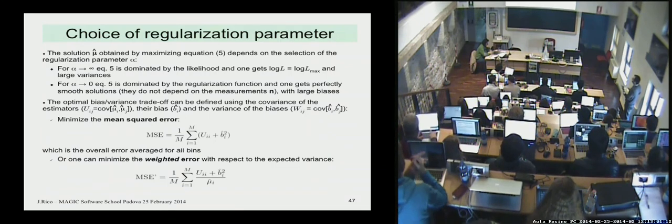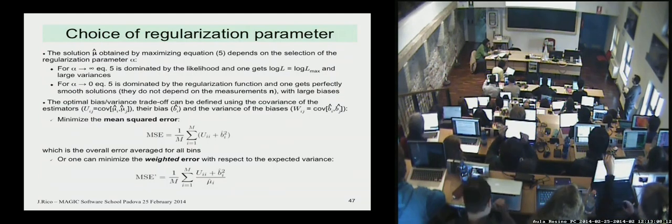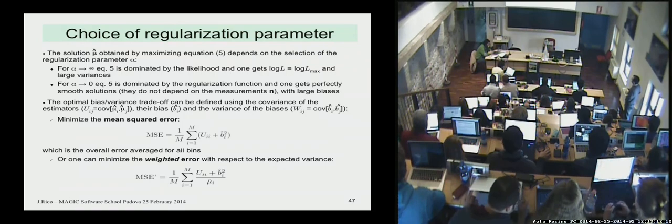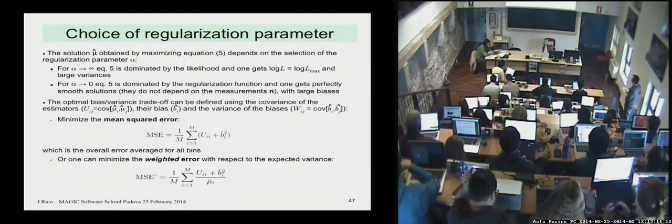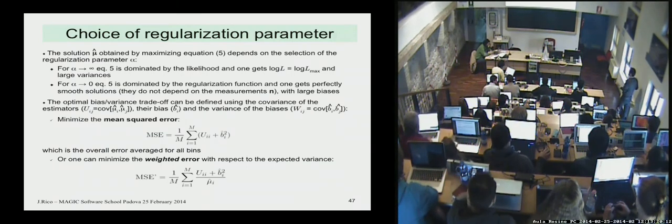So this mean squared error, that is the sum of the variance and the bias, should be the minimum when you sum over all the bins. You can do the same, but weighting it. You see here is the same quantity, but you weight it by the mean value of the estimator in order to have a weighted error rather than an absolute error.